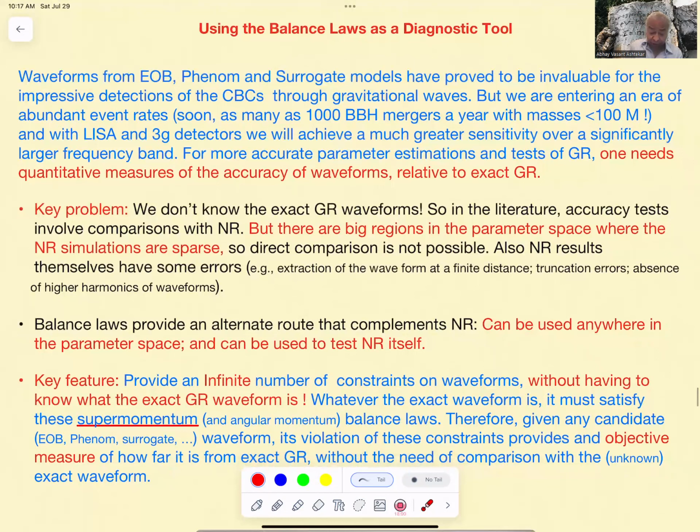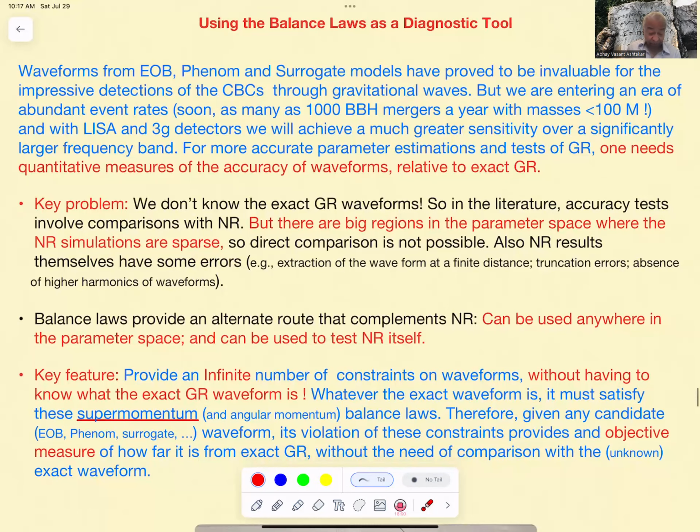Now, in this last lecture, I would like to return to the main thing we've been talking about, the mathematical structure and conceptual foundations at scri, which gave us some balance laws, and we want to use them as a diagnostic tool to check the waveform models.